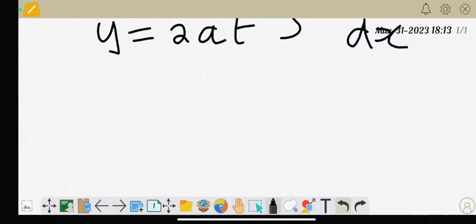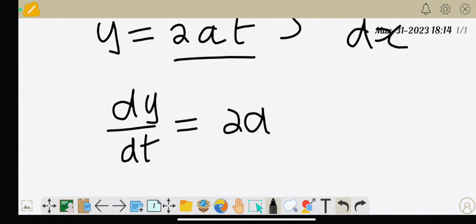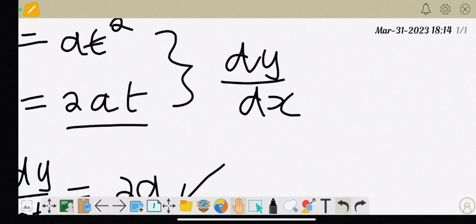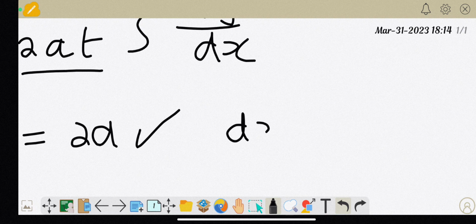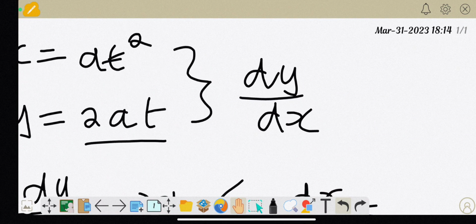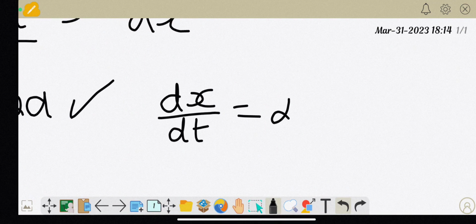Next step, find dy by dt. Here y is 2at. Differentiation of 2at is 2a. Then next step, find dx by dt. What is the answer? It is 2at, correct? Differentiation of t square is 2t, a is constant, so 2at.